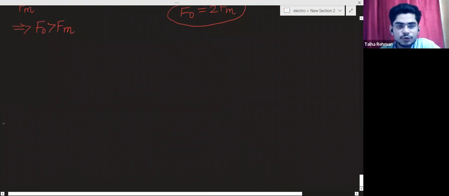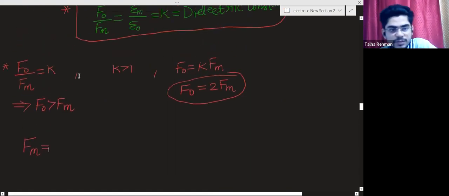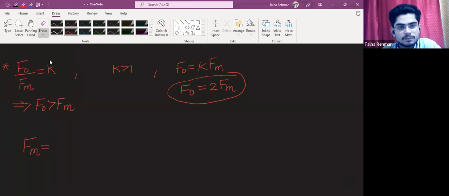And if I want to calculate the force in medium, then what should I do?